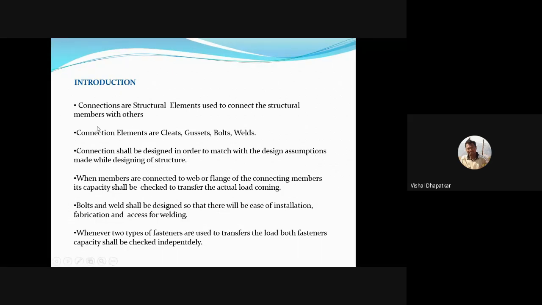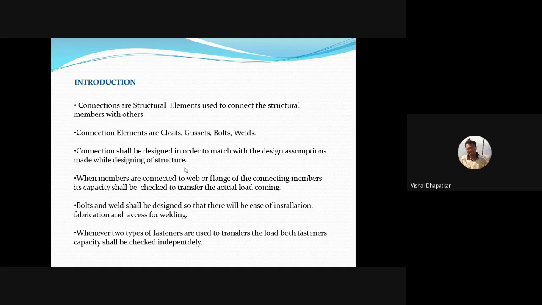So what are some tips to design the connections? Connections shall be designed in order to match with the design assumptions made while designing the structure. In case of steel structure, as we discussed during our base plate design, whatever assumptions we are making during the analysis, if we are considering the pin connection, then we have to detail it as per the assumption, so that the pin connection will be achieved, right?